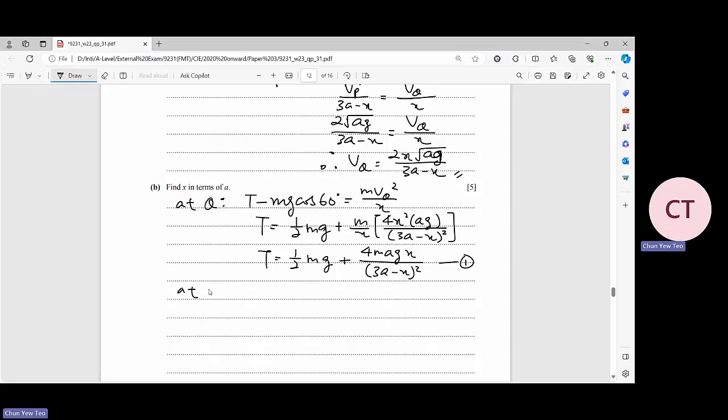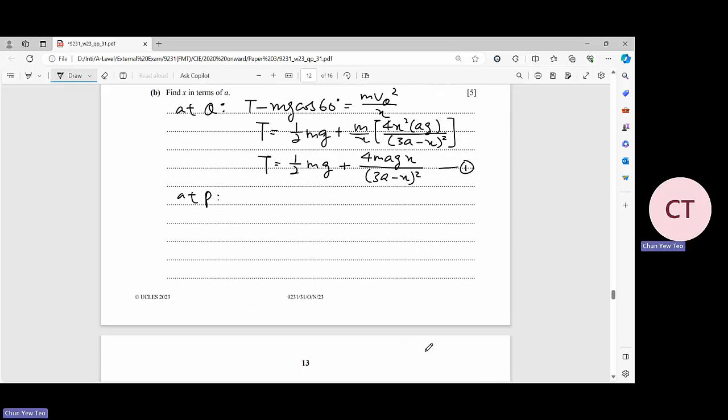Now we go for P. We have T plus mg cos theta is equal to mVP squared over 3a minus x.